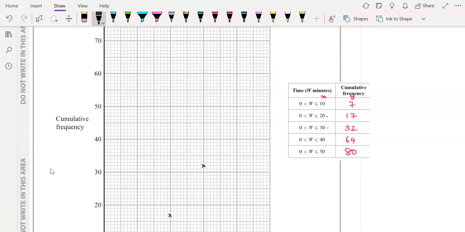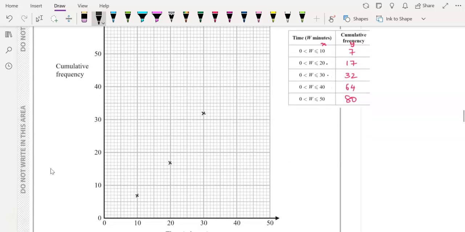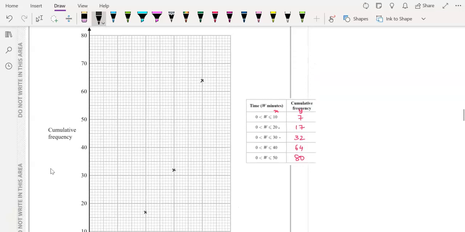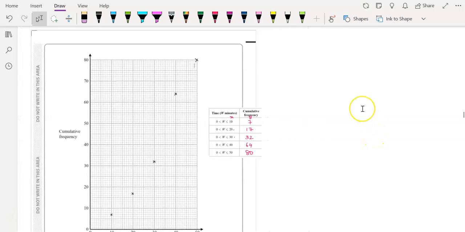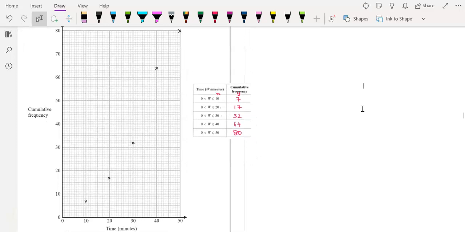And lastly, at 50, it is 80. So when you join all these points, you will get your curve. Let me join all of them. Okay, now you have your curve.